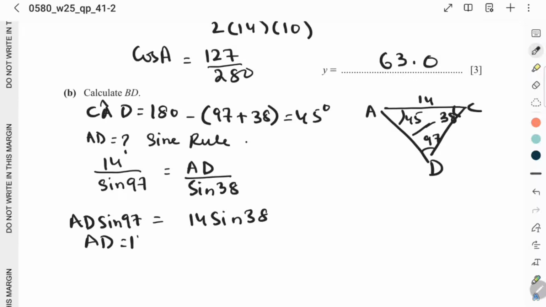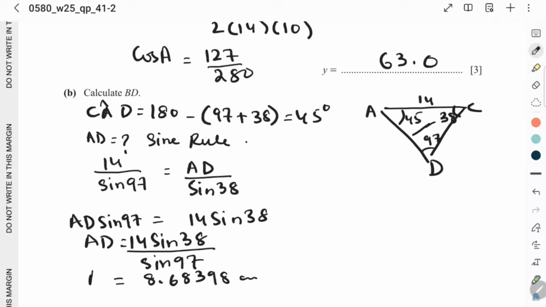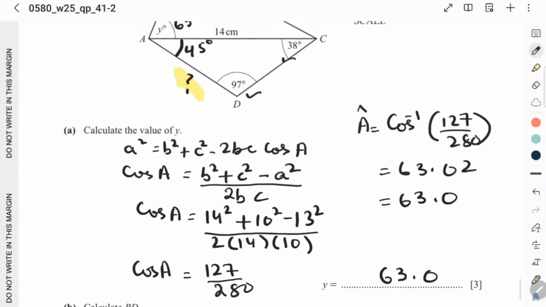AD is equal to 14 sine 38 divided by sine of 97. Take your calculator, it is 8.68398 centimeters. So this is AD. We found it and now we are ready to find the answer.